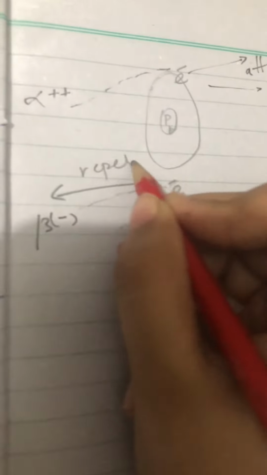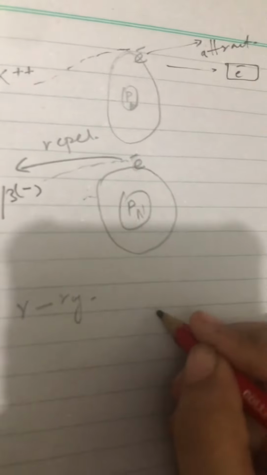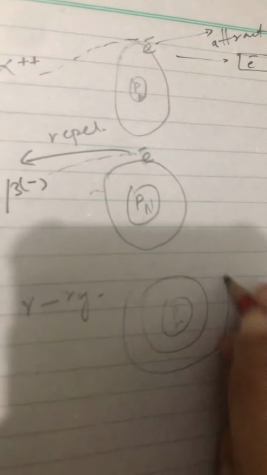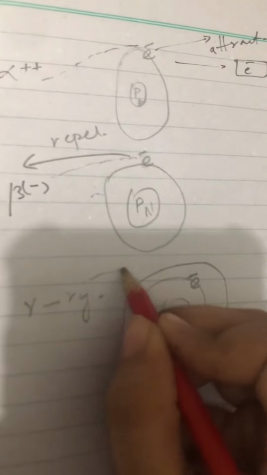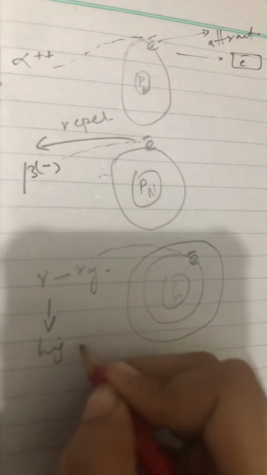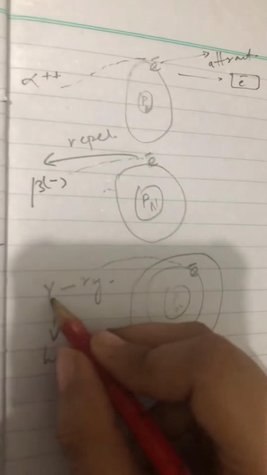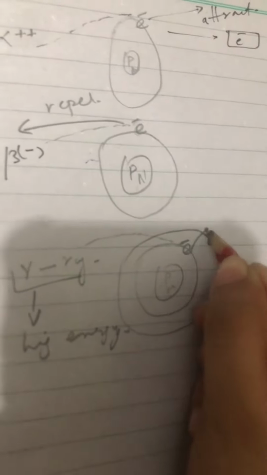After that, if we talk about gamma rays, here we have proton and neutron. Here we have electron. When we bombard gamma rays on this atom, because gamma has high energy, the electron will absorb the energy of gamma rays and move towards the upper shell.